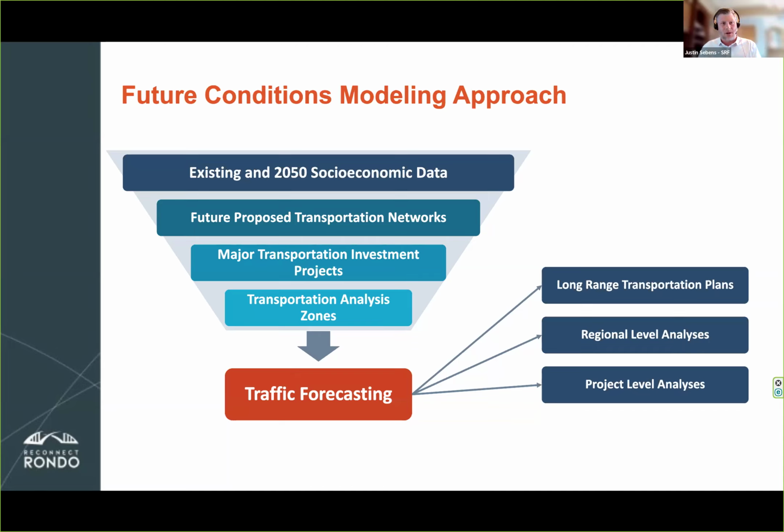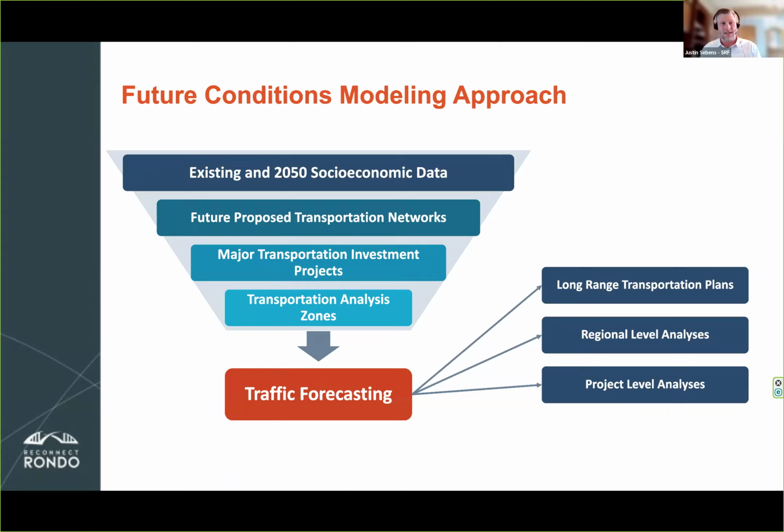Metropolitan Council, within each of the transportation analysis zones, or TAZs, sets the existing number of households, the population, and the employment, or number of jobs, within a particular zone. And then they set targets for what those numbers are going to be for that same zone in the future. So we can look at the change in that data to understand how the trips are going to change coming out of that zone, and how that is going to influence the traffic volumes on the roadway network.